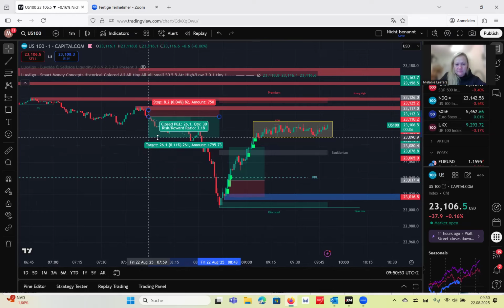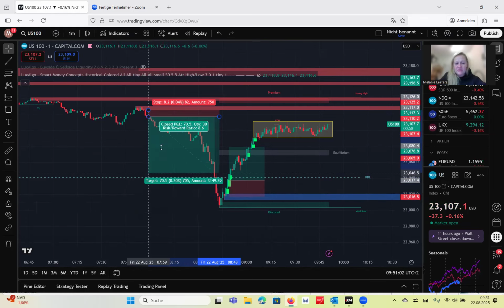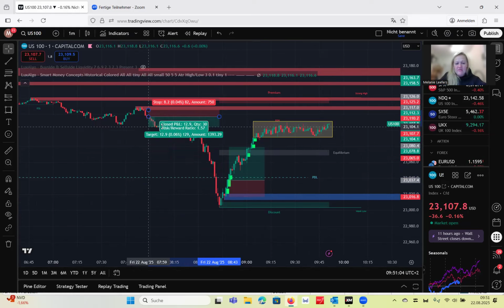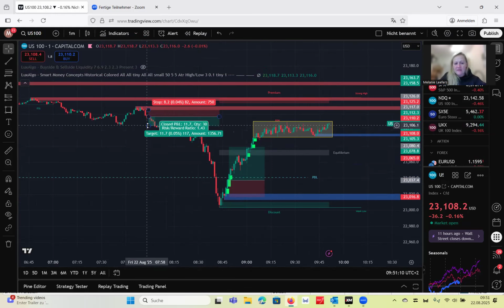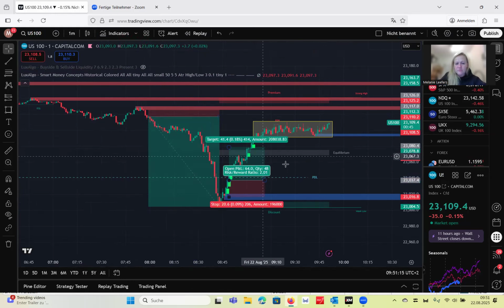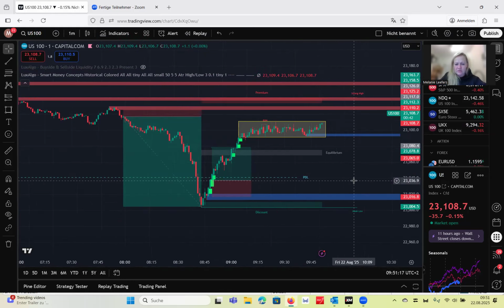I go safe because sometimes it's turning around. But nothing can happen, you can just let it run. If you go break even after 1 to 5 or whatever, as you can see, the price never came back. So do what you like, do what you see on the market.